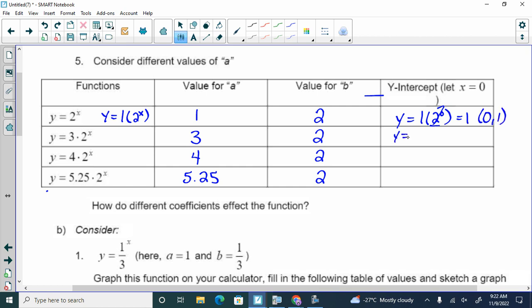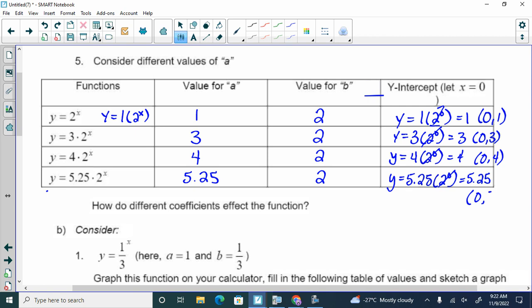Then this one is 3, 2 to the 0. 2 to the 0 is 1, so it's 3. 0, 3. And then we have y equals 4, 2 to the 0, which is 1, so it's 4. Y equals 5.25, 2 to the 0, which is 5.25, 0 and 5.25.